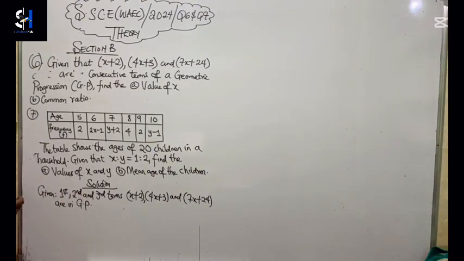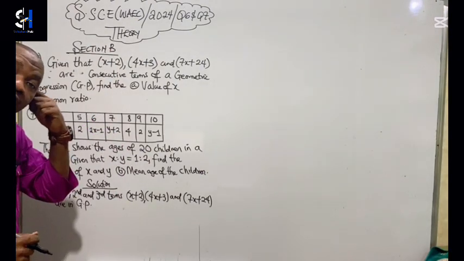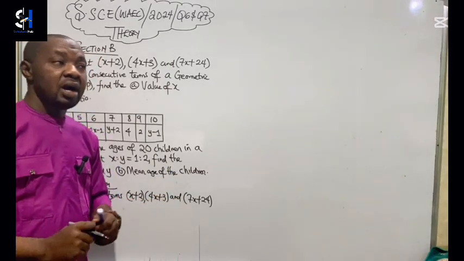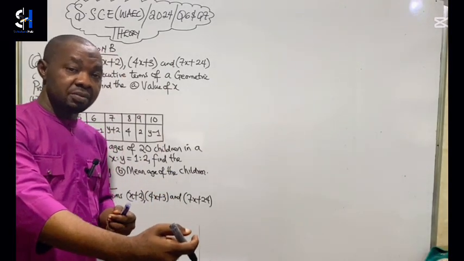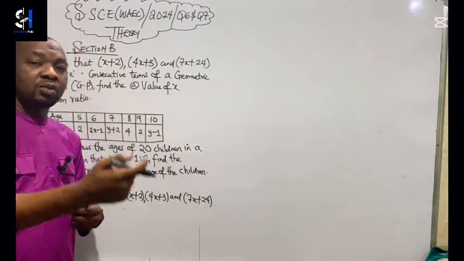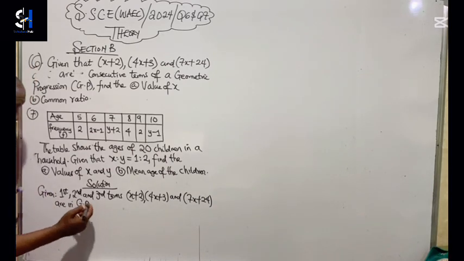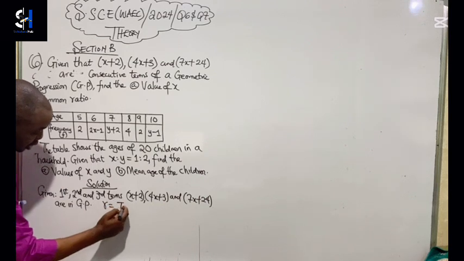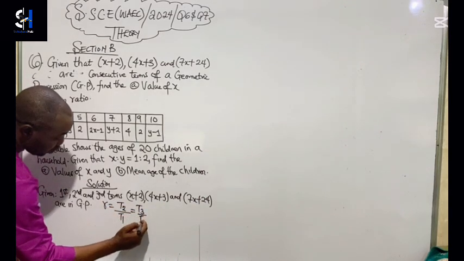So if they are in GP, the common ratio can be expressed as the ratio of the succeeding term to its preceding term, the subsequent term over the previous term. So we can use the formula for common ratio: T2 over T1 equals T3 over T2.